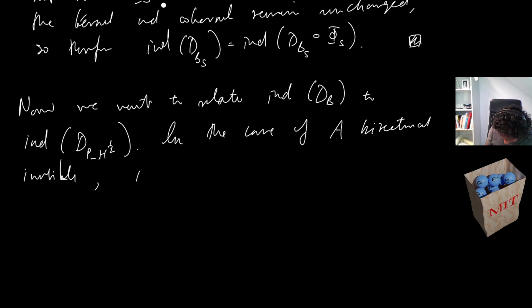This P minus H a half is equal to the APS boundary condition with respect to A, right? So this is why we really want to do this. We want to know, if we're given a spectral projection and we have the APS boundary condition with respect to that, of course, as long as it's bisectorial invertible, we can always pass to that though.